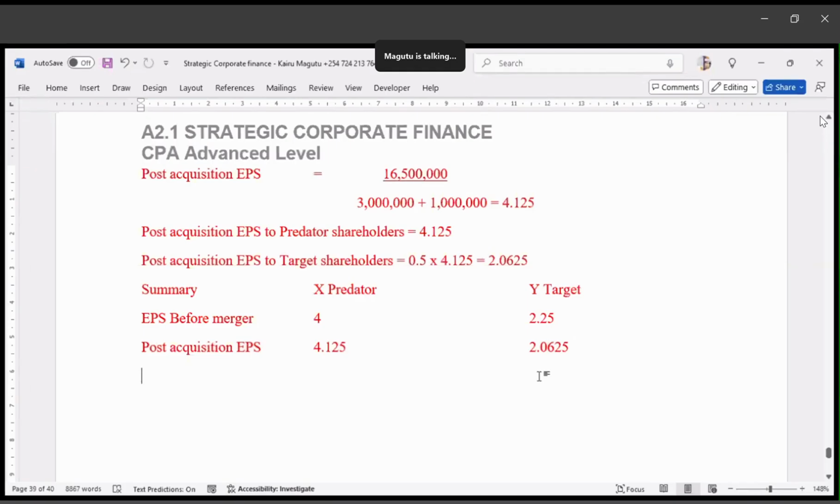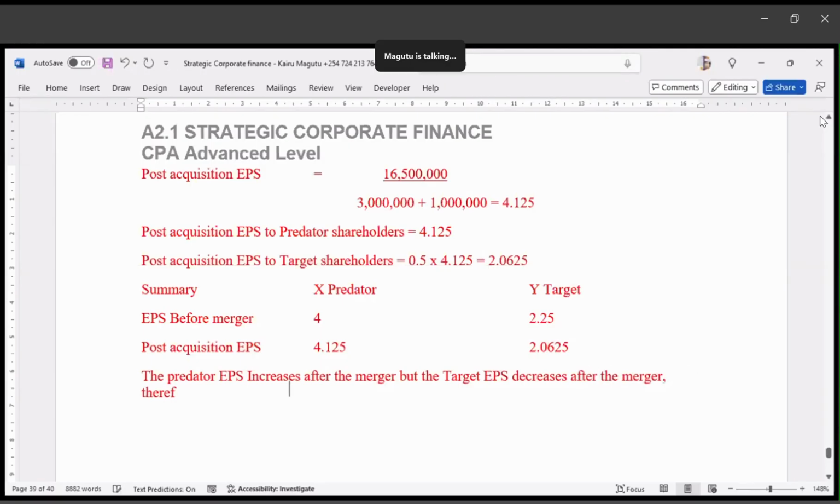The predator EPS increases after the merger, but the target EPS decreases after the merger.